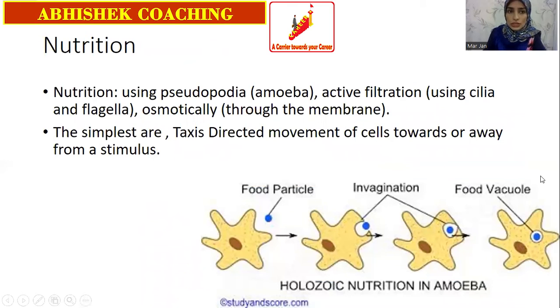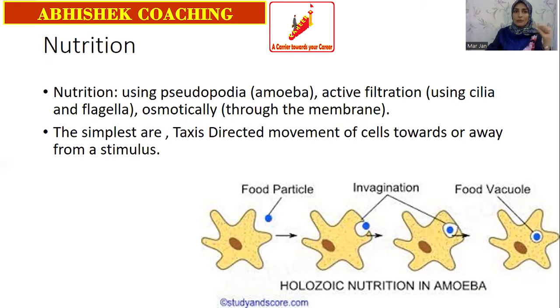Talking about nutrition in these unicellular organisms: nutrition using pseudopodia in amoeba, active filtration using cilia and flagella, and osmotically through the membrane. So nutrition happens exactly by those organs which these cells use for movement.